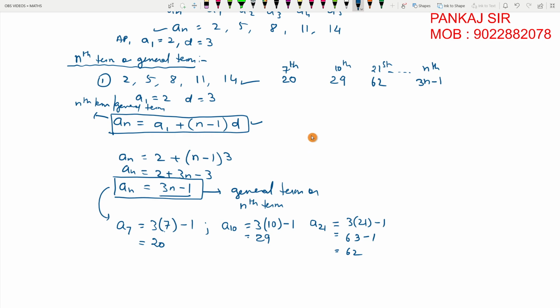One more thing, let me tell you. This is one concept, something called the general term. Now the next concept is something called the sum of the n terms of any sequence. Now the sum of the n terms is denoted by Sn.